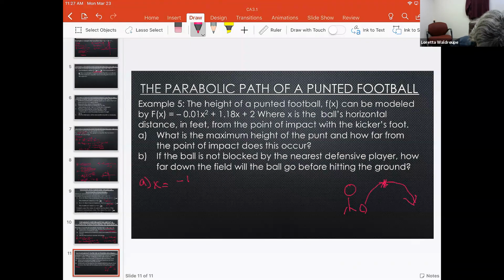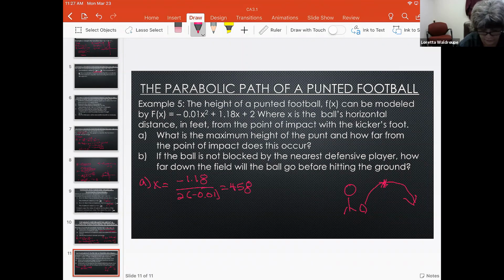Negative b over 2 times a. Negative 1.5.